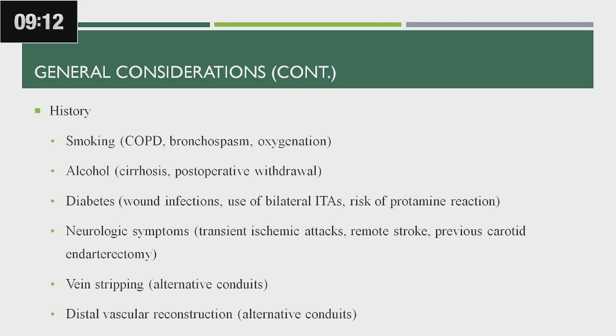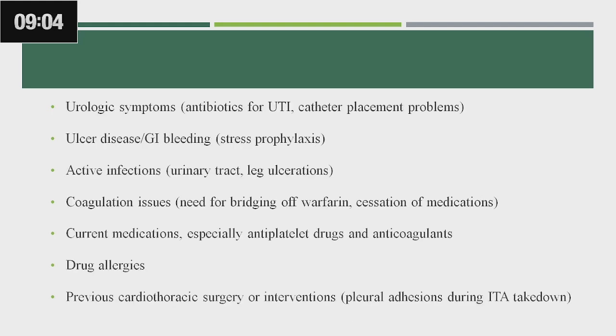On history, we look for smoking history, alcohol, diabetes, neurological syndrome, vein stripping, distal vascular reconstructions, urological syndrome, GI bleeding, active infection, coagulation issues, current medication, especially antiplatelet drugs and anticoagulants, drug allergies, previous cardiac surgery, or any interventions.